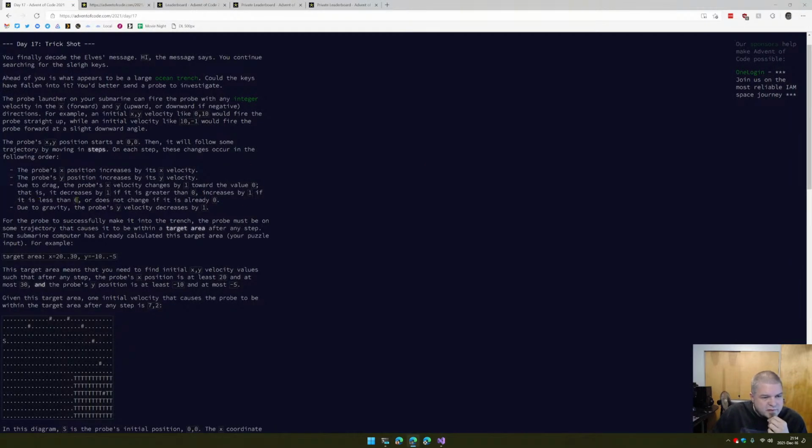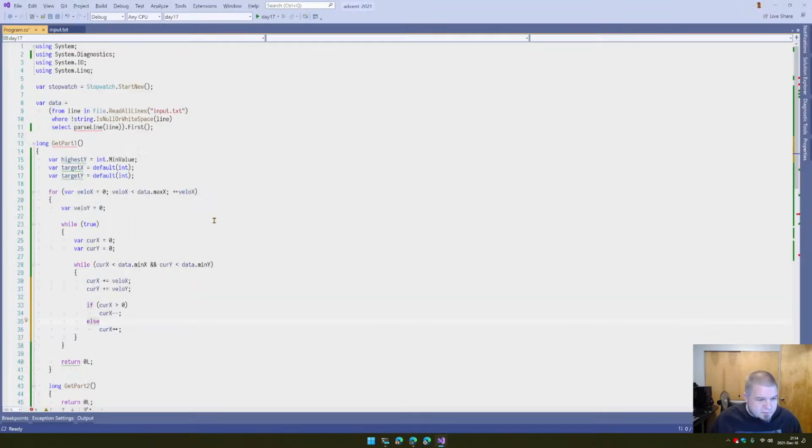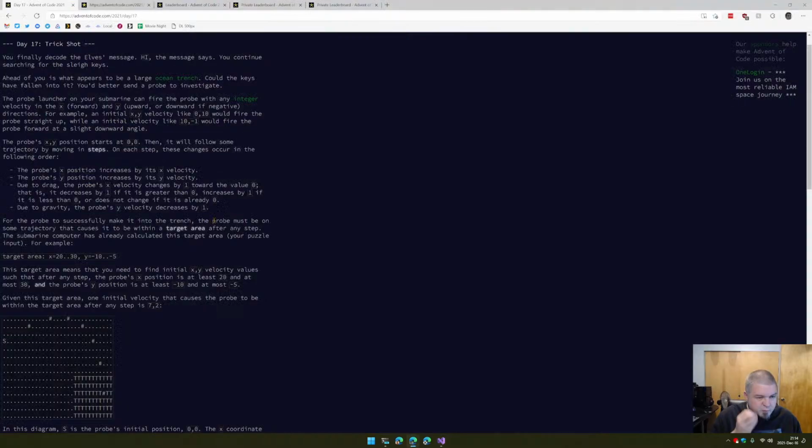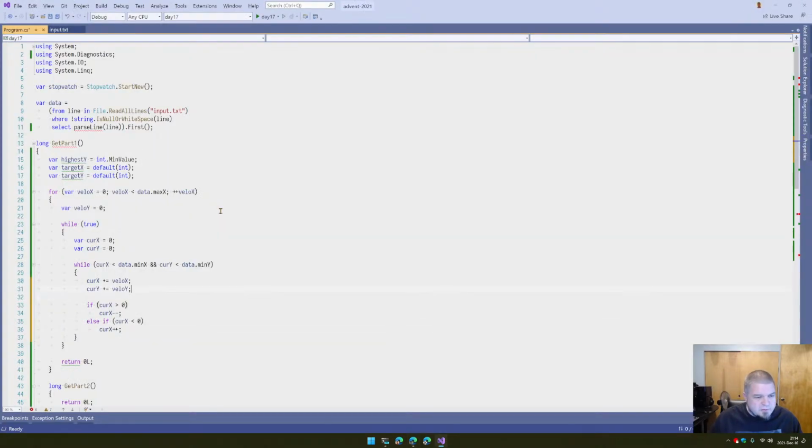Increases by 1 if it's less than 0, does not change if it's already 0. Else if current x is less than 0, then it goes up 1. Okay. And then for y, always decreases by 1.